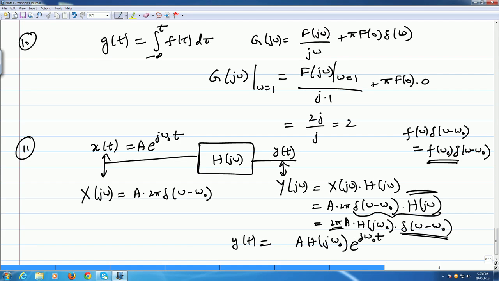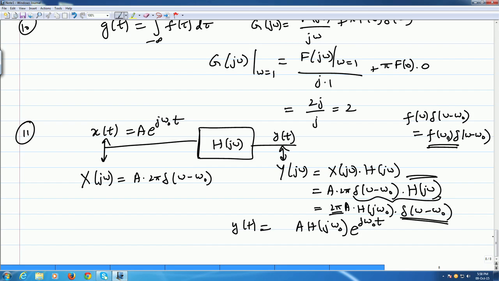So, the answer for y of t is simply that, and from here you can figure out what are all the choices which are correct. So, for instance, in case you want to look at the absolute value of y of t, it is simply going to be the absolute value of a times h of j omega naught times the absolute value of e power j omega naught t, and this guy's absolute value is equal to 1.